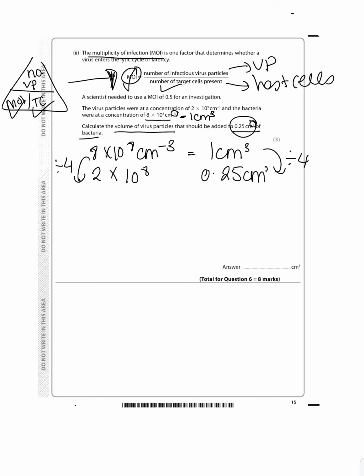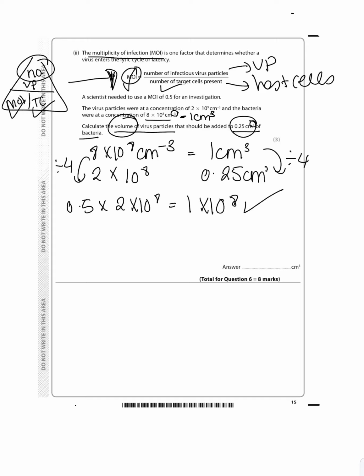So we have these two. So in order to get the virus particles, we just multiply them together. So we do 0.5 times 2 × 10^8. And that should give us 1 × 10^8. Now, we've got the number of virus particles. That's what we want. Well, no, we want the volume.